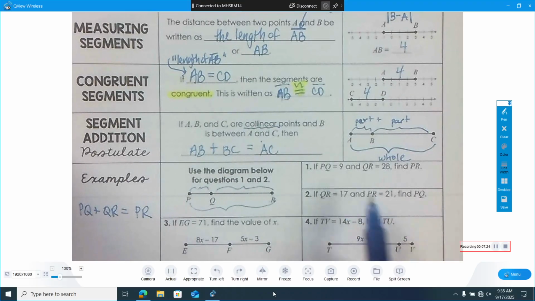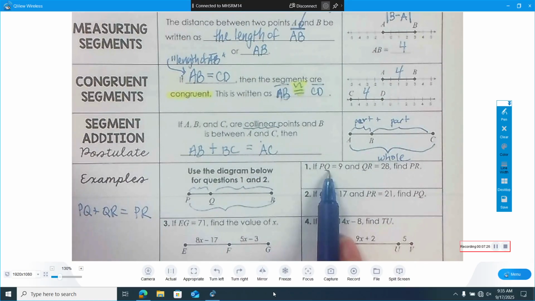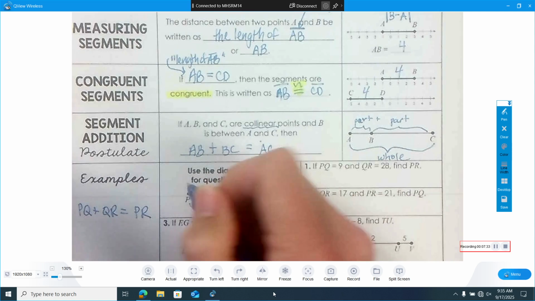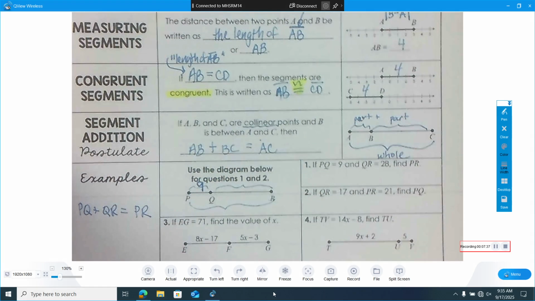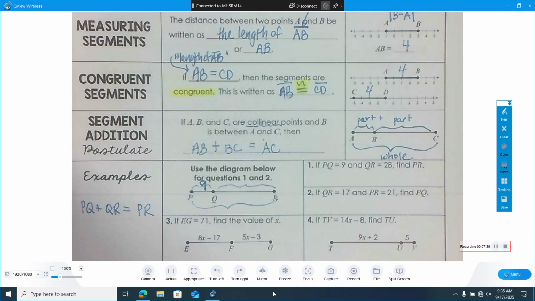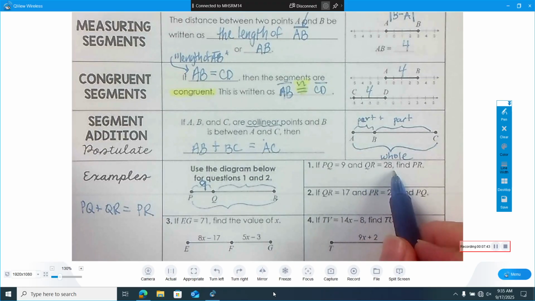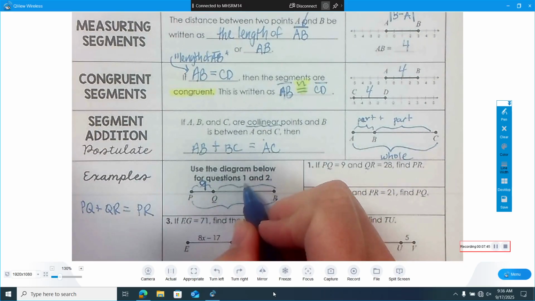All right. Let's look here at the information on number 1. PQ has a length of 9. I'm going to go ahead and just write in a 9 on my picture. Today you're going to find that drawing a picture is going to make a world of difference. Okay? And QR, right here, QR is 28.